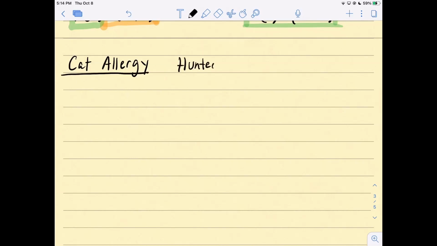Hunter says she is itchy. So there's an allergy test. There's an allergy test that has the following accuracy.